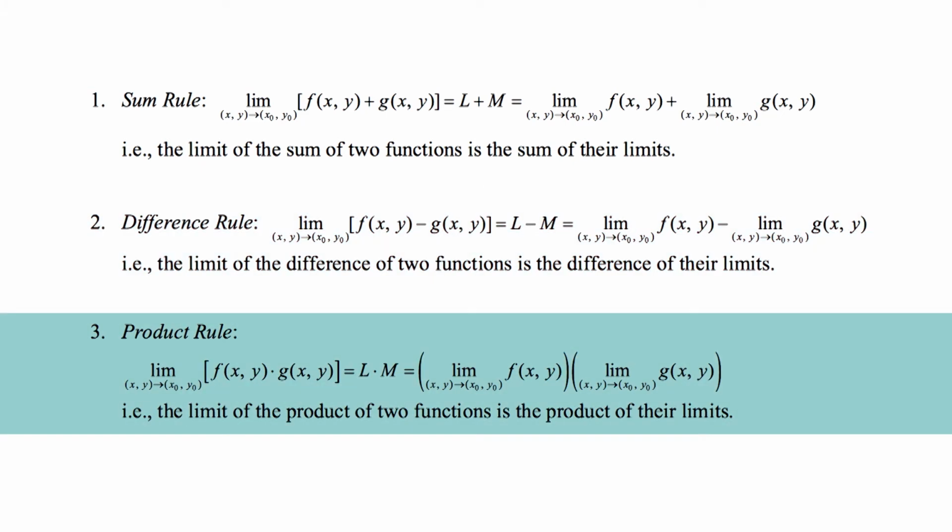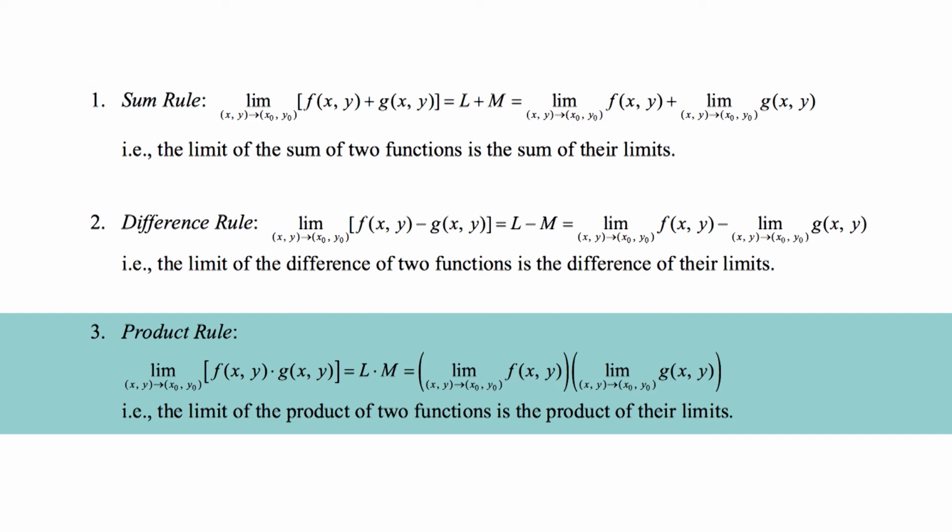Product rule: the limit as (x, y) approaches (x₀, y₀) of f(x, y) times g(x, y) is equal to L times m, which is equal to the limit of f(x, y) times the limit of g(x, y).